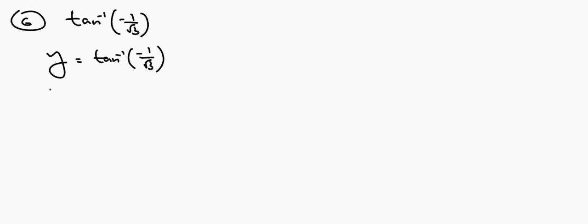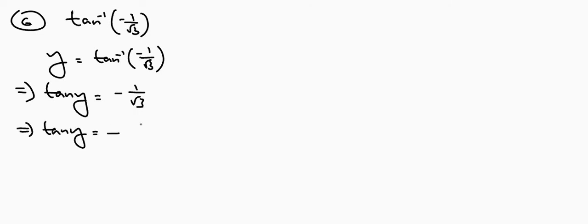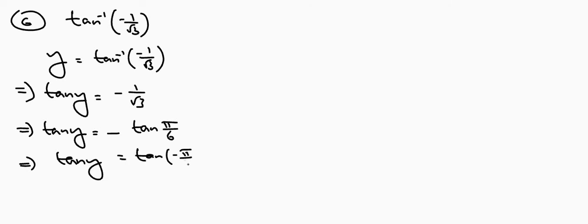The next step implies tan y equals minus 1 by root 3, so tan y equals minus tan 30, that is tan pi by 6. Tan 30 is 1 by root 3, and minus tan theta we can write as tan of minus theta.